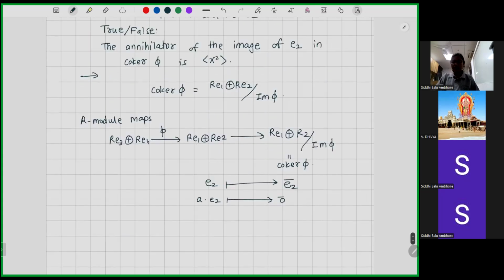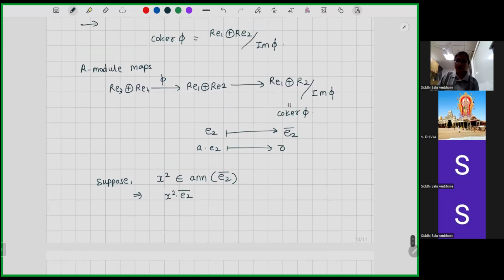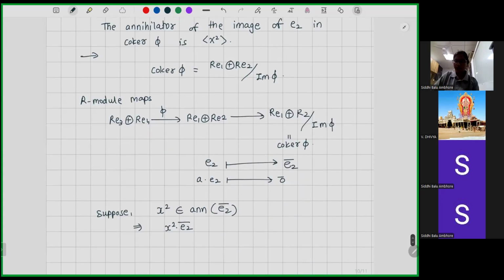Okay, so since I need to check for x square, suppose x square belongs to this annihilator of E2, right? So under this map, what does it mean? That x square into E2 bar, annihilator of the image of E2 in the co-kernel.